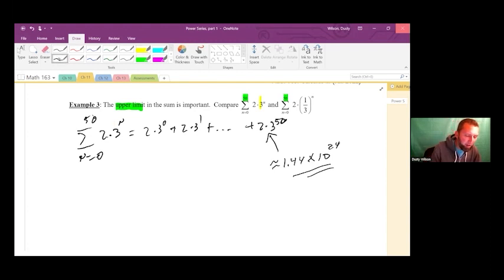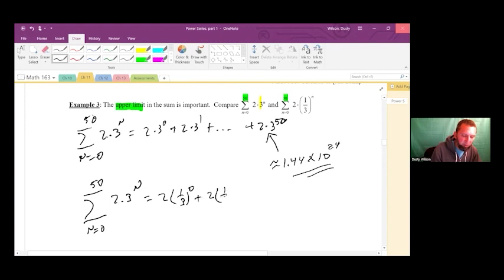But if we compare that with the sum from n equals 0 to 50 of 2 times one third to the n, this is the other one, from the previous example, so 2 times a third to the 0 plus 2 times a third plus, plus 2 times a third to the 50. Well, let's see what happens with this last term here.